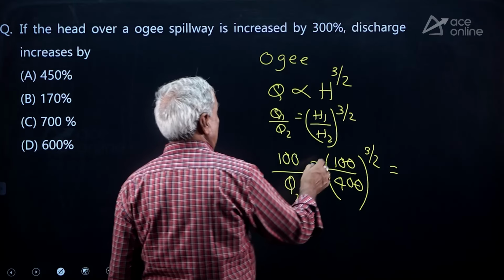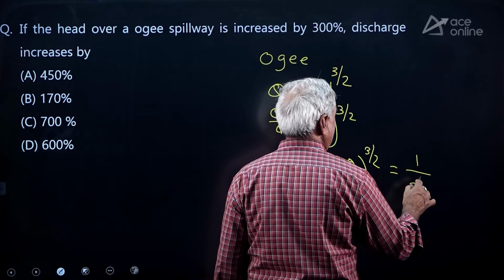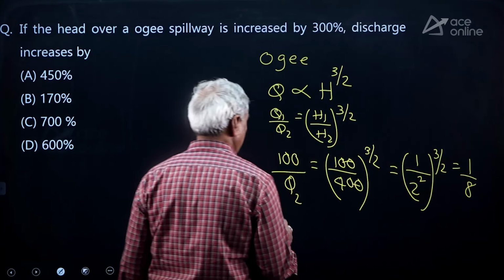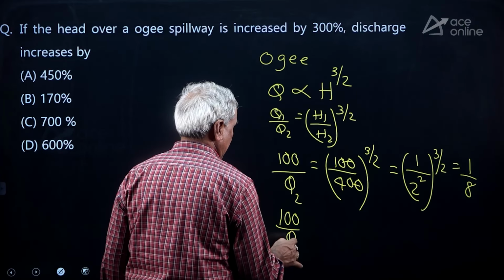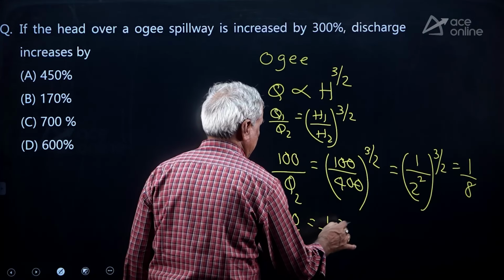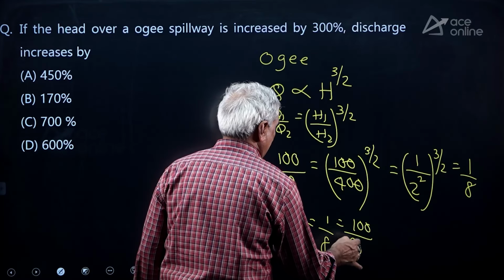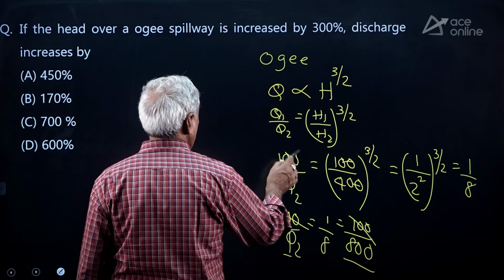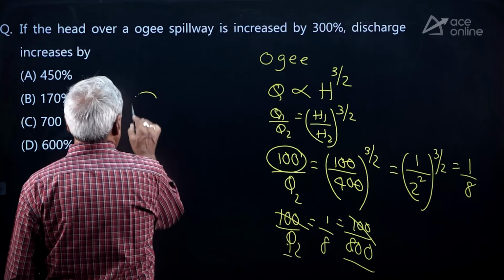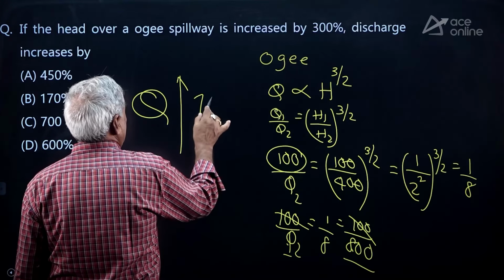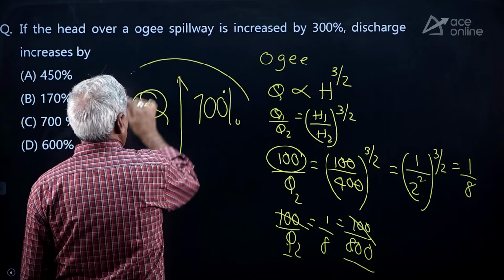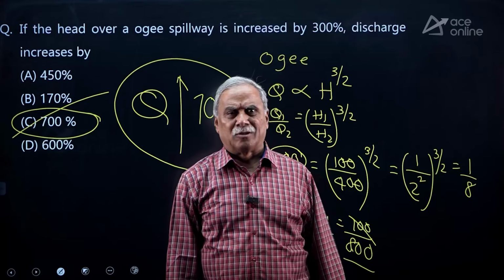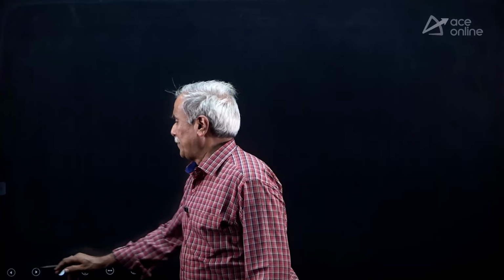Hundreds will get cancelled, 1 by 4 is 1 by 2 square, whole power 3 by 2, that is 1 by 8. 100 by Q2 equals 1 by 8, so 100 by 800. Q1 is 100, Q2 is 800, so discharge will increase by 700%, which is the right answer. 700% is the right answer for the given question. This is the answer for this question.